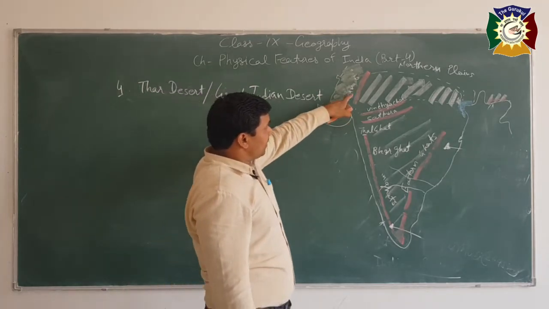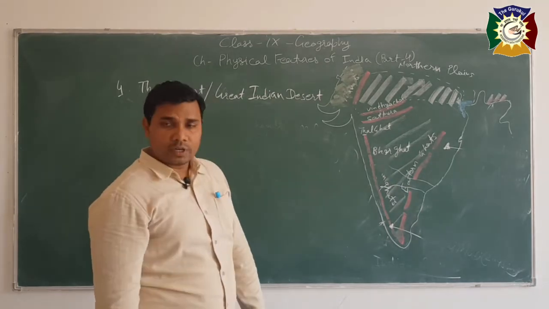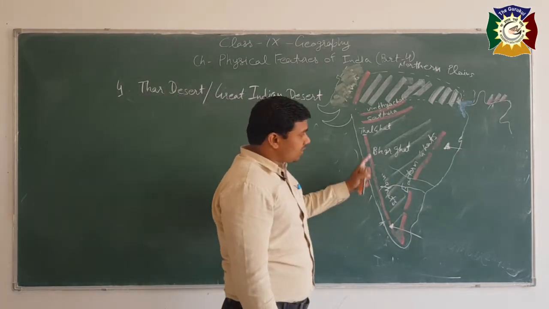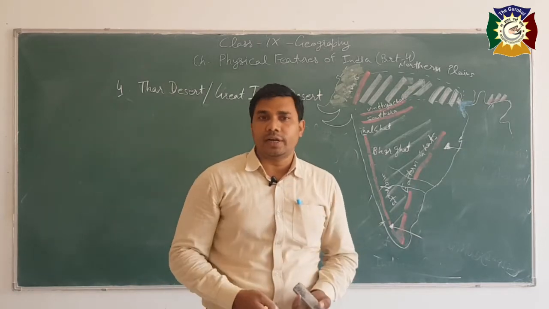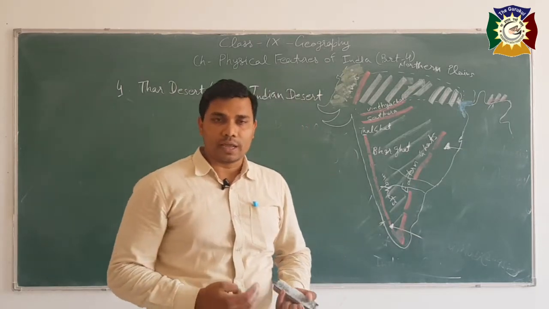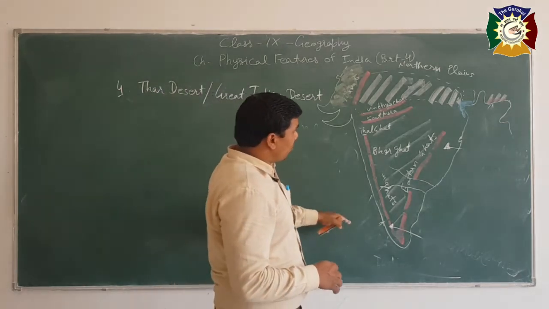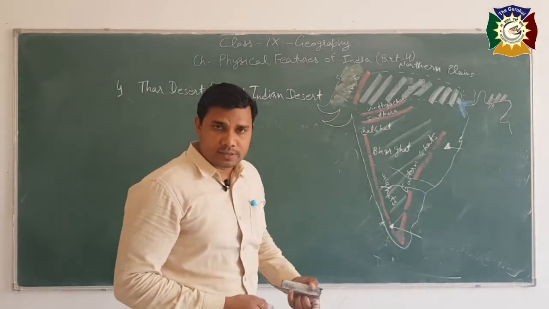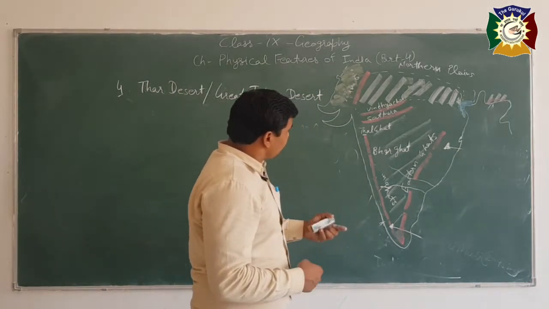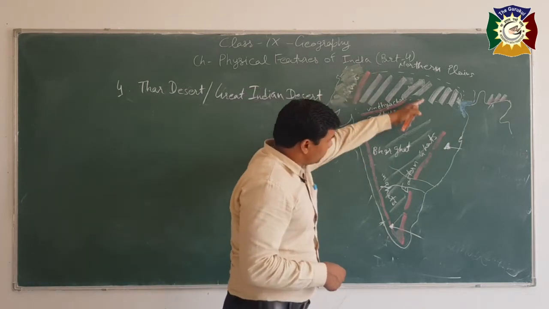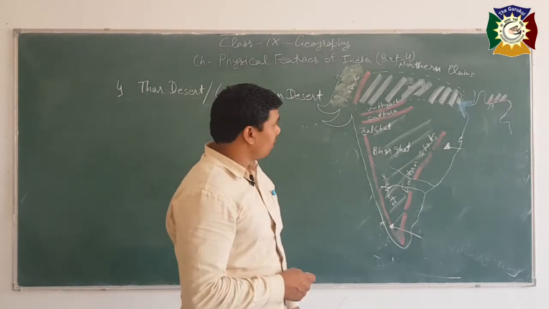Why is the desert located here in the western side? Actually, when monsoon winds come, about the monsoon winds we will discuss later in chapter 4 climate. For this time we can understand only that when monsoon wind comes in the rainy season in the month of June, July, August, then all these parts of India receive rainfall.